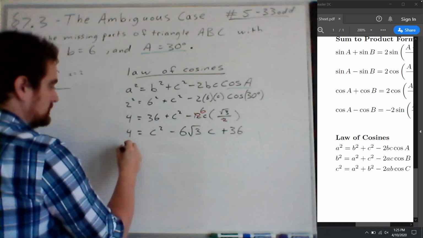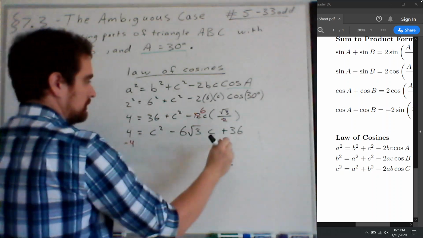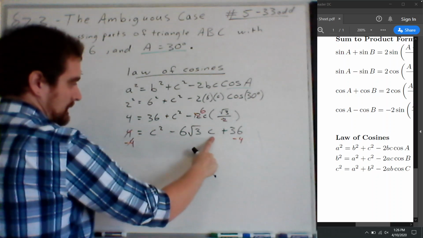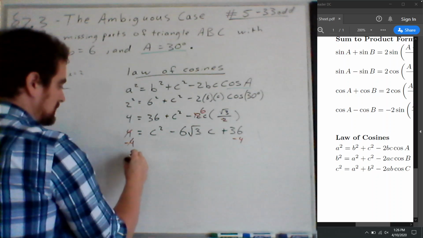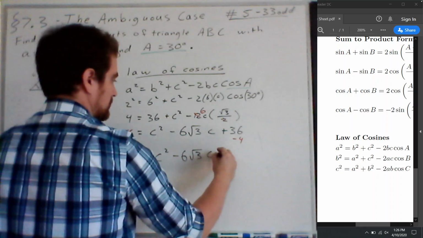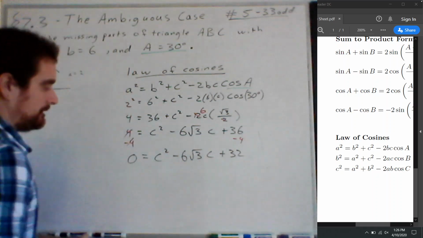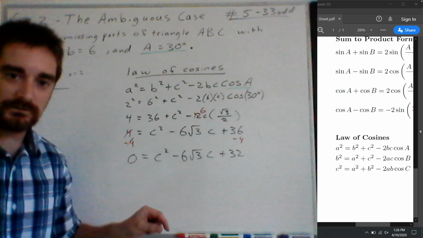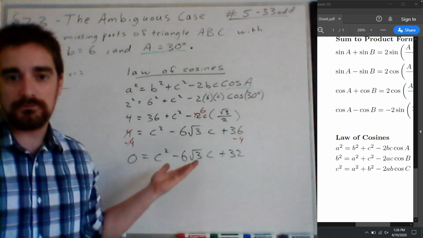Aha, this is a quadratic. Be very careful, there's a square term, and then this linear term c. This looks just like a quadratic equation. So the only way we have right now to solve for c is by using the quadratic formula.